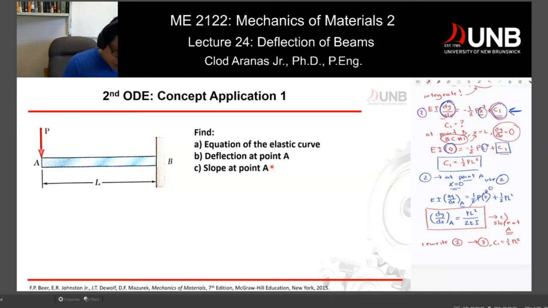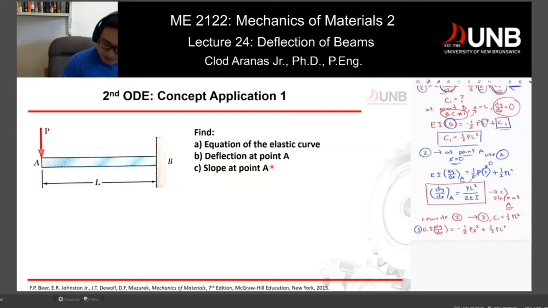So equation number 2 becomes EI dy over dx, and that's the slope, equal to negative 1/2 px squared plus 1/2 pl squared. So that's our equation number 3.